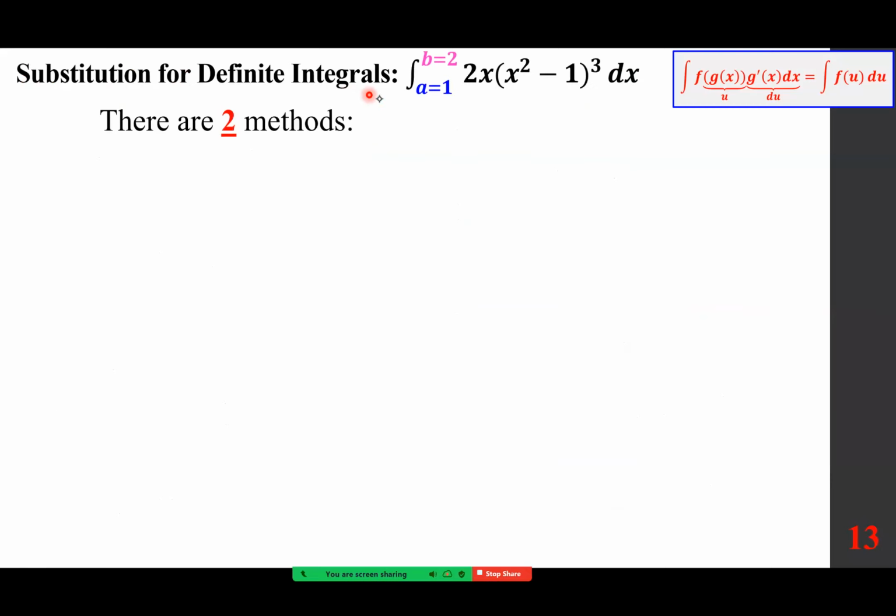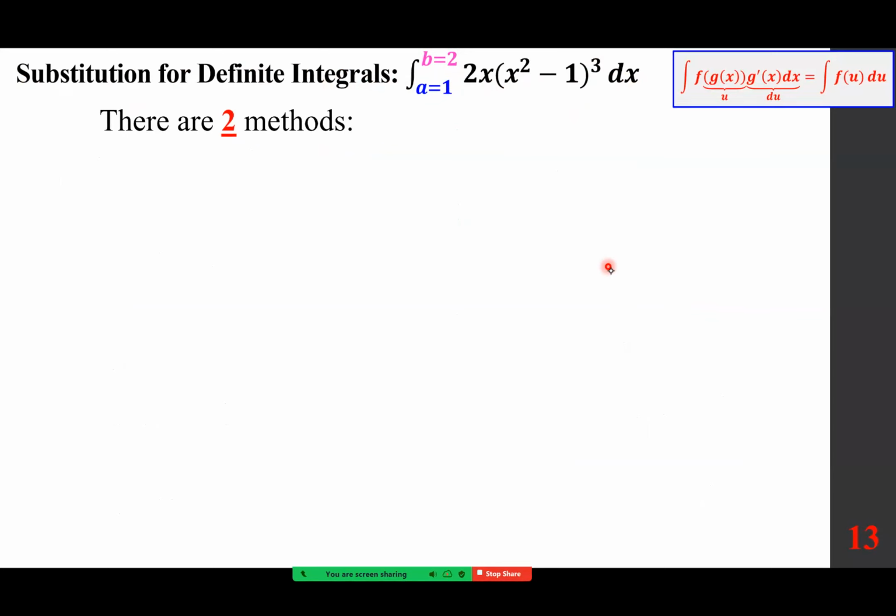Substitution for definite integral. Definite integral of 2x times x squared minus 1 cubed dx as we go from a equals 1 to b equals 2. There are two methods of handling definite integrals. Remember, with substitution, definite integrals end up being a number.